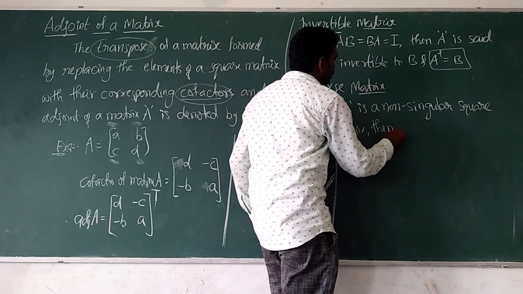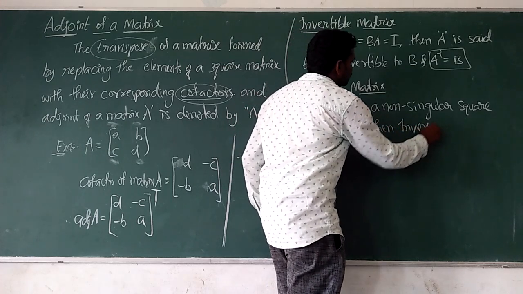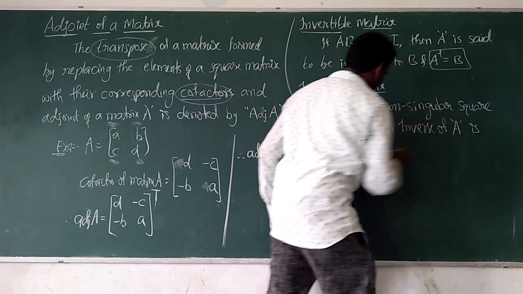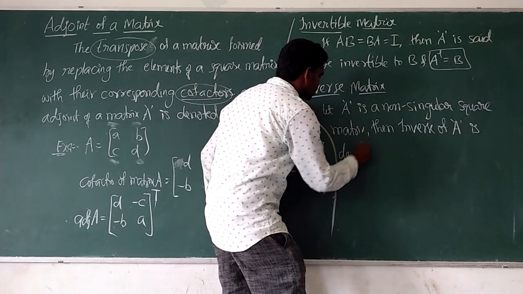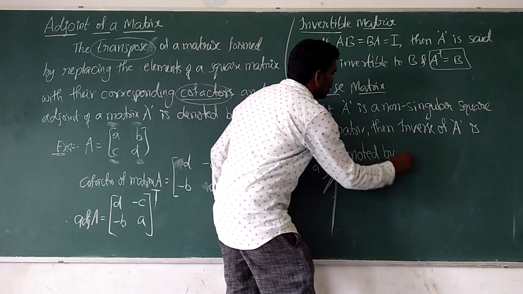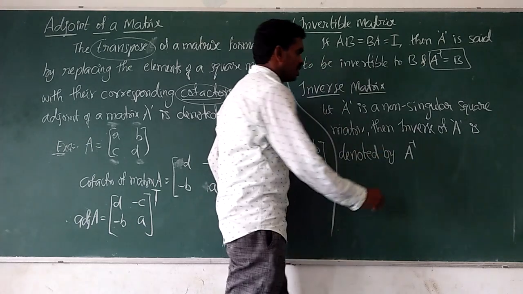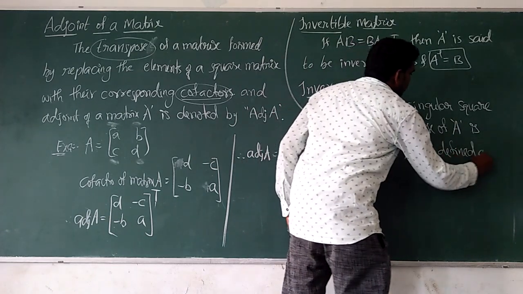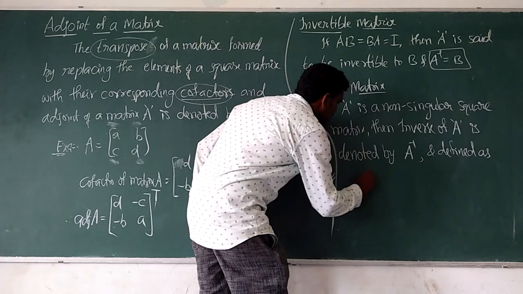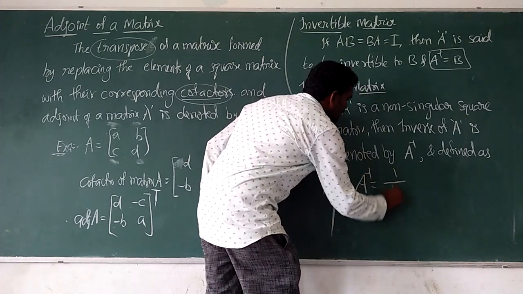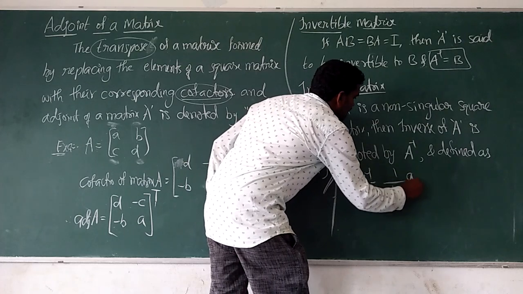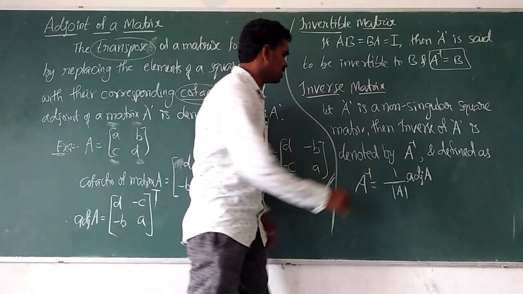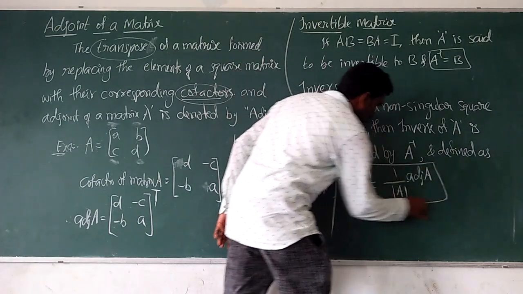Then the inverse of A is denoted by A inverse and defined as A inverse is equal to 1 by det A into adjoint A, or you can write adjoint A by det A. This is very important.